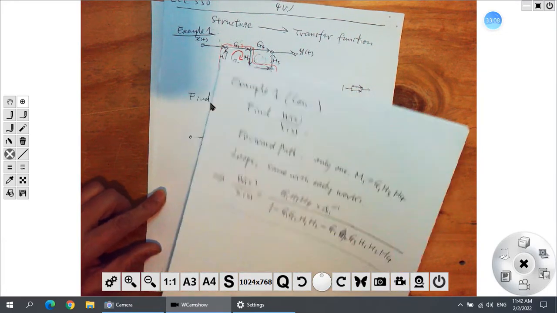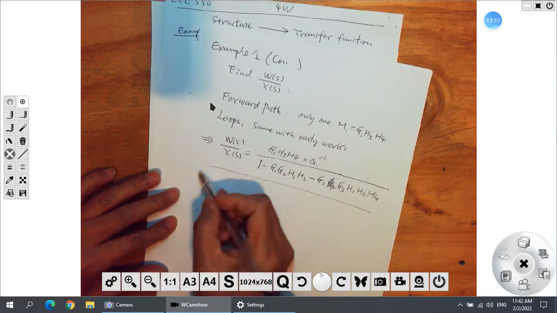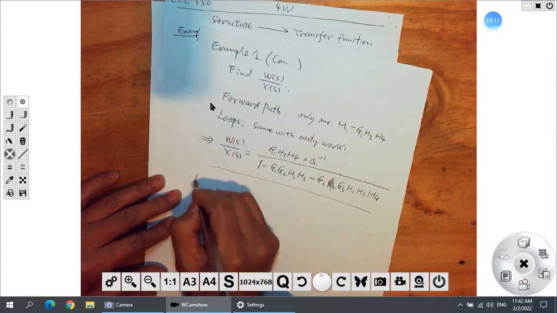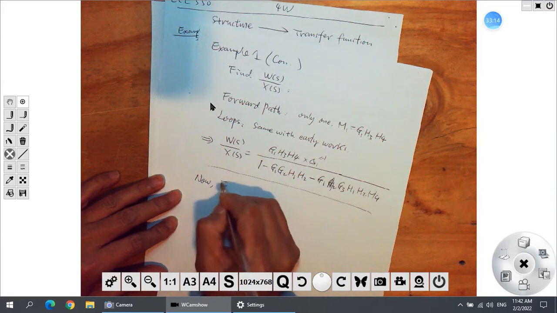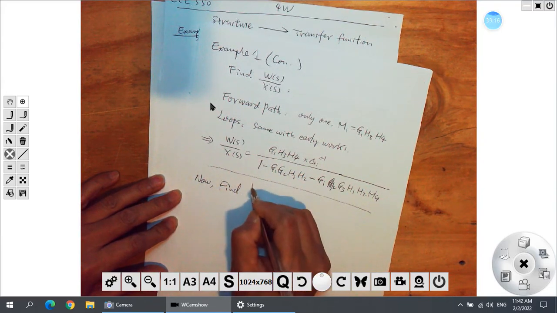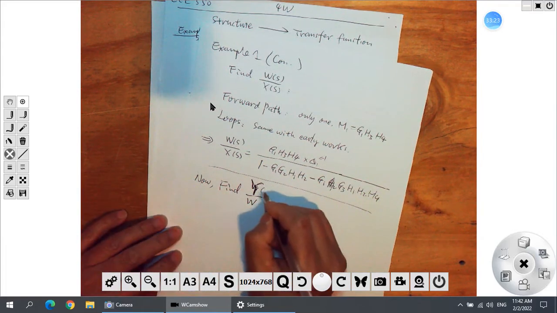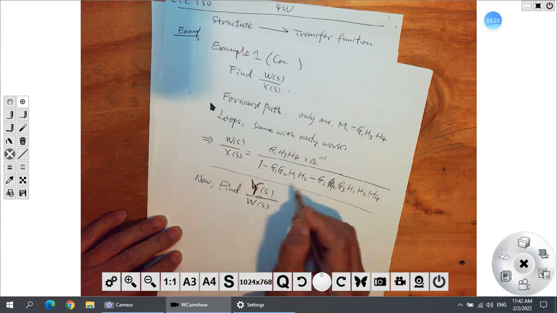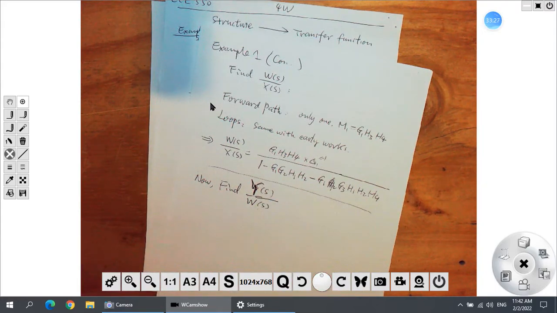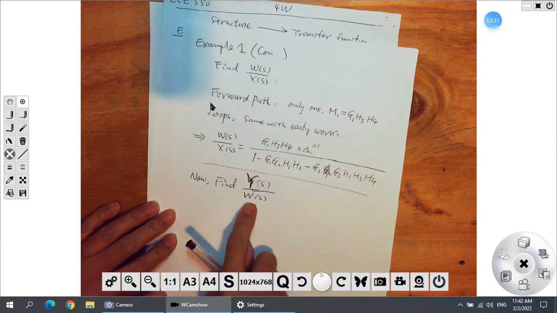Now, find y over w, that is Y(s) over W(s). This is also a kind of transfer function, right? But now w is not the input.